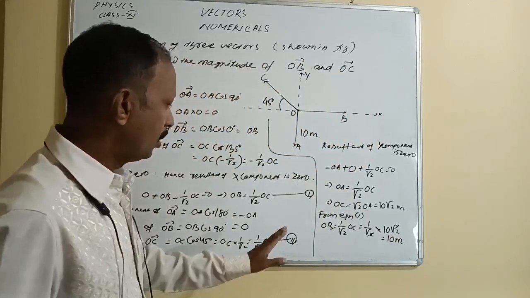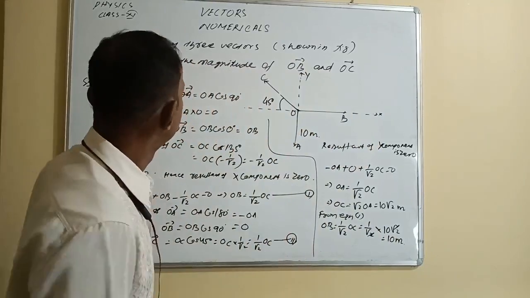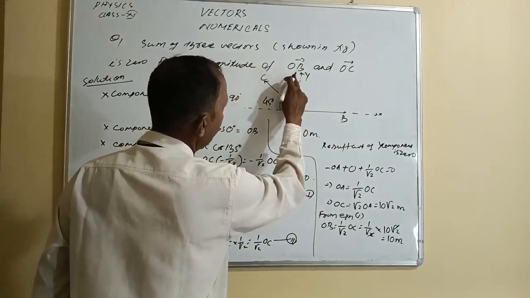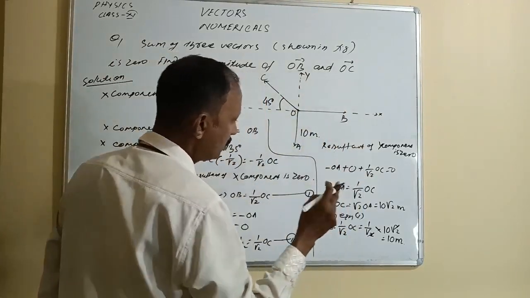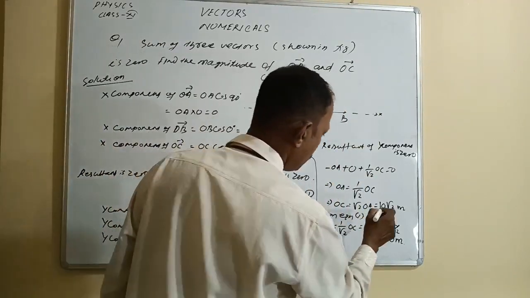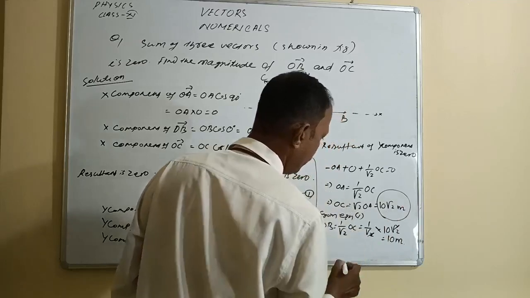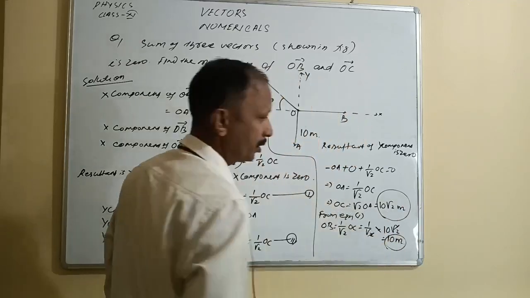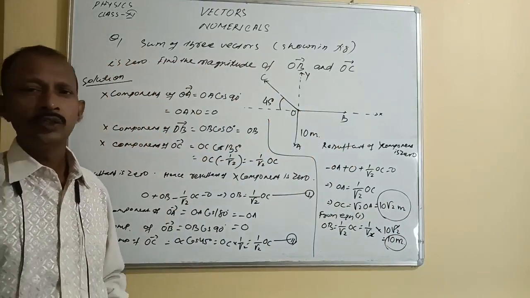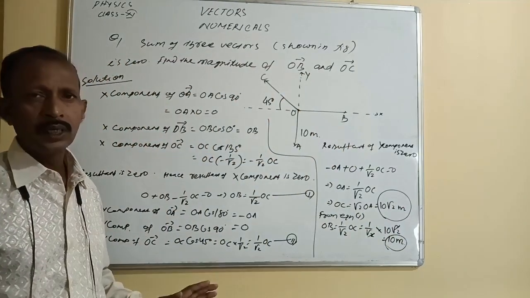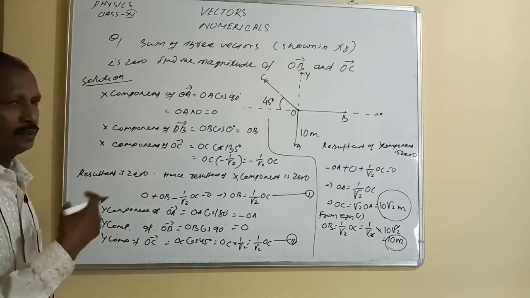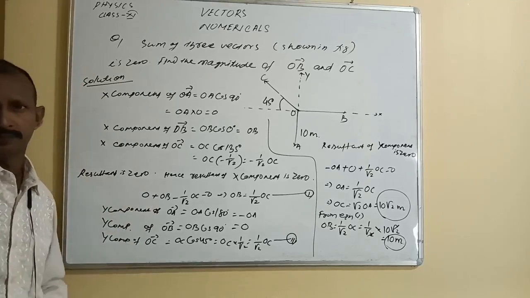So we got the magnitude of the vectors OB and OC. We got OC is equal to 10 root 2 meter and OB is equal to 10 meter. I hope that you might have understood this clearly. So let us make a copy, then I shall go for the next problem.